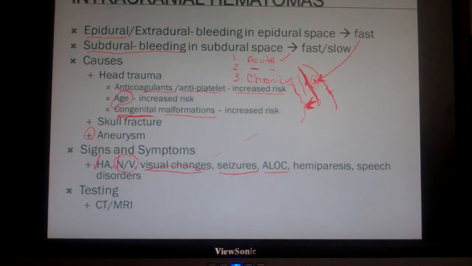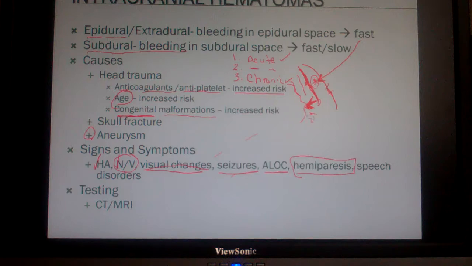You're probably not going to get hemiparesis from something like temporal arteritis, but with a hematoma, as this blood comes in, it's filling that space up and pushing your brain in, so you get a brain that has a dent in it. Depending on where that is, that may actually paralyze you on one side, whatever that side is.